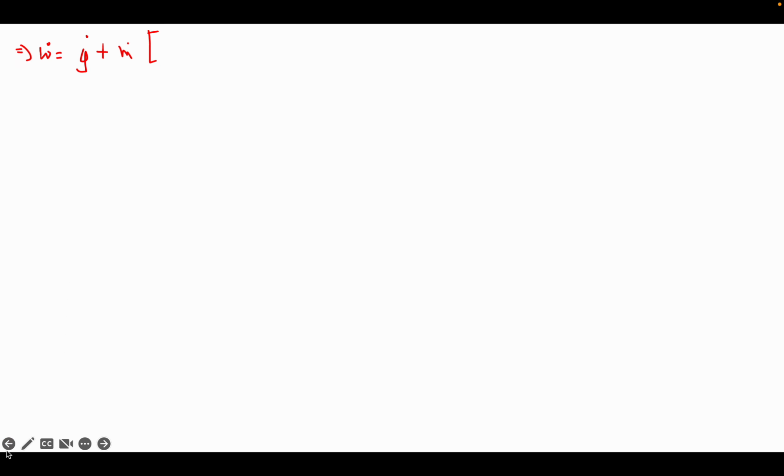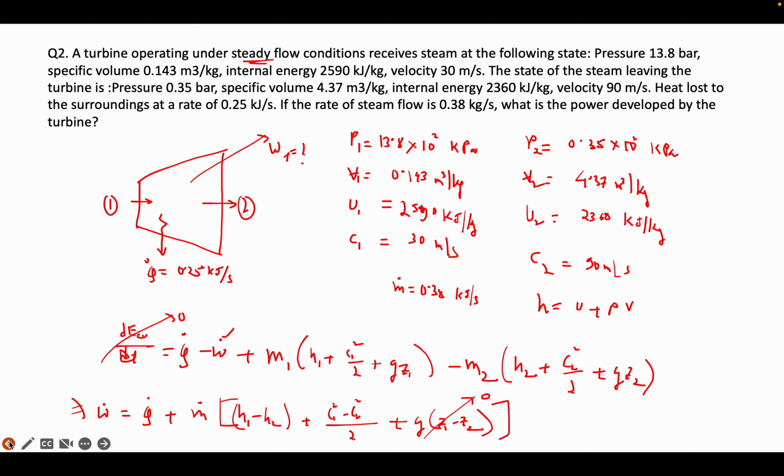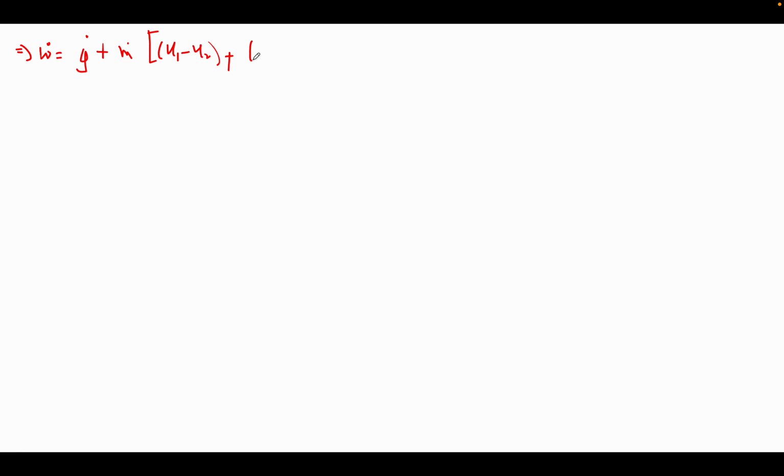H1 is equal to u plus pv, so it will be u1 minus u2, and p and v are also changing, so then p1 v1 minus p2 v2. This part is your h1 minus h2, plus c1 squared minus c2 squared divided by 2. We'll put everything here now.